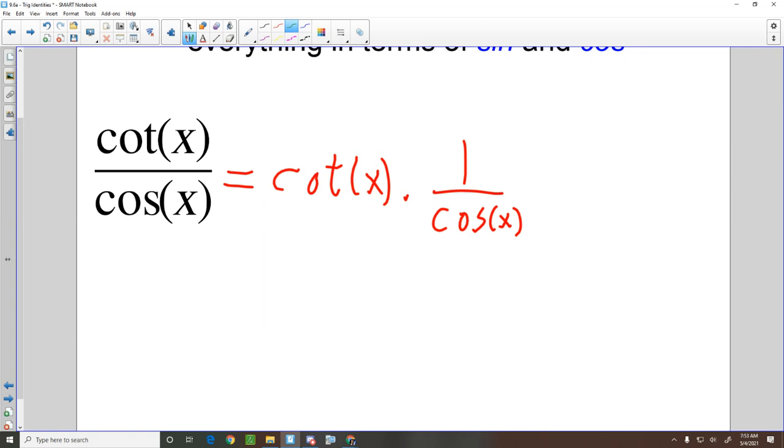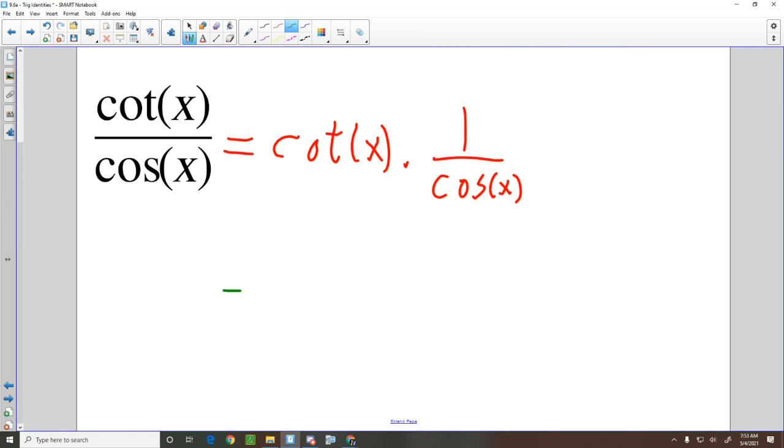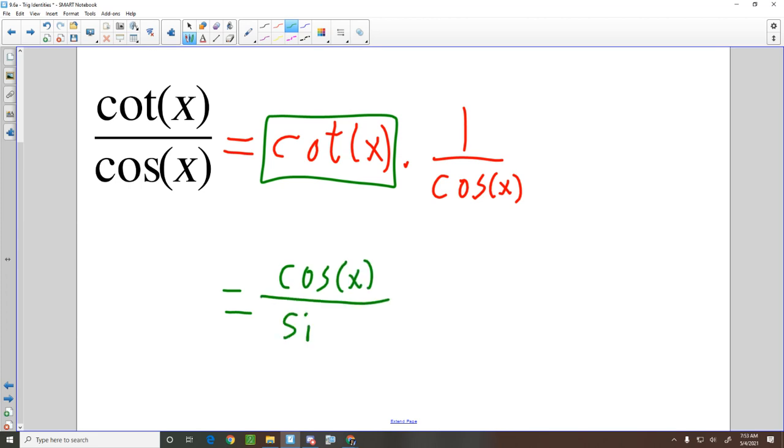So I'm going to rewrite this problem. But instead of writing cotangent, I'm going to write what it's equal to, which is the cosine divided by the sine. All right, now it's still being multiplied by 1 over the cosine of x.